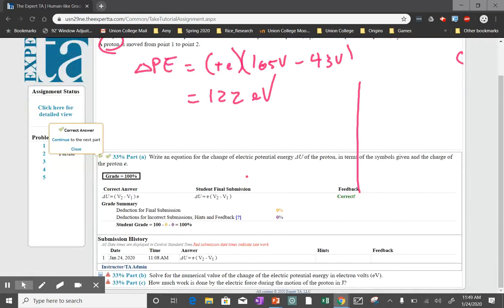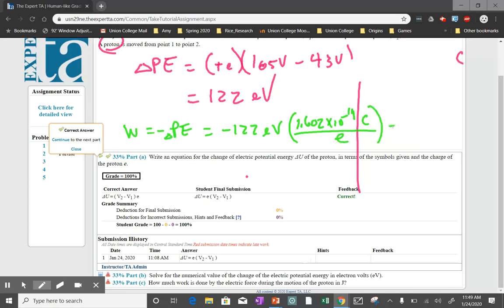And then part C, how much work is done by the electric force during the motion of the proton, in joules? Well, the work is minus the change in potential energy. And so we're going to have work equals minus change in potential energy equals minus 122 electron volts, and then I need to multiply it by 1.602 times 10 to the minus 19 coulombs per electron, and that gives me the answer in joules.